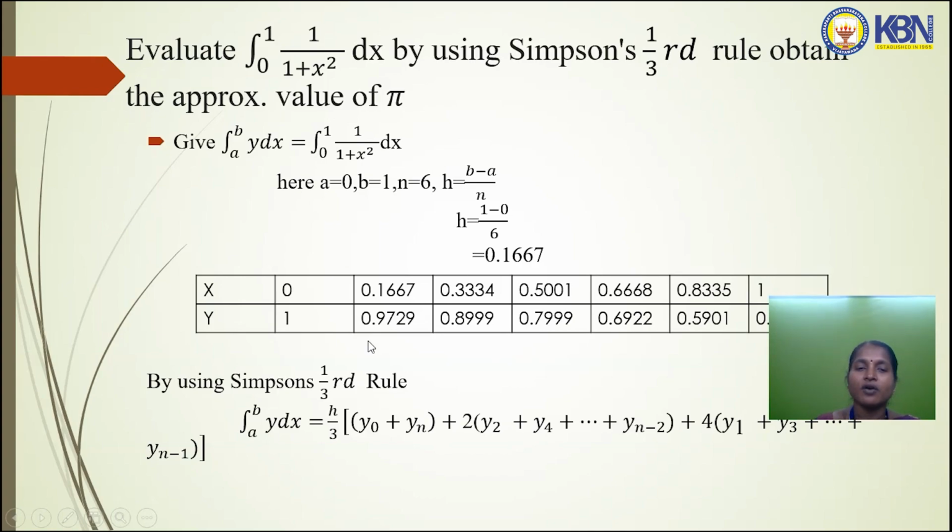Okay, so now you can read these as y0, y1, y2, y3, y4, y5, y6. Starting value y0 and ending value y6. By using Simpson's 1/3 rule, we already learned the integral of a to b y dx is equal to h by 3 into y0 plus yn plus 2 into even terms plus 4 into odd terms.